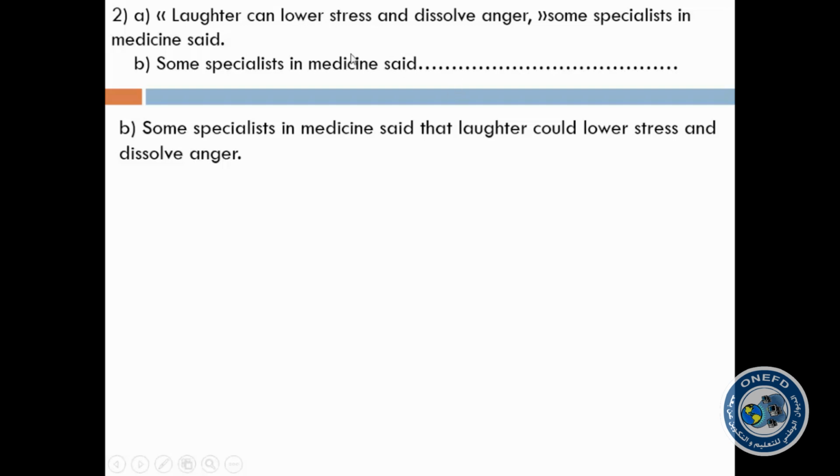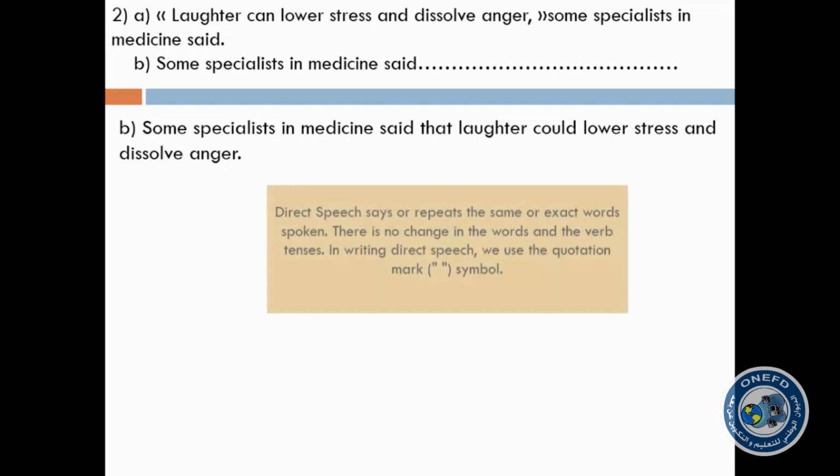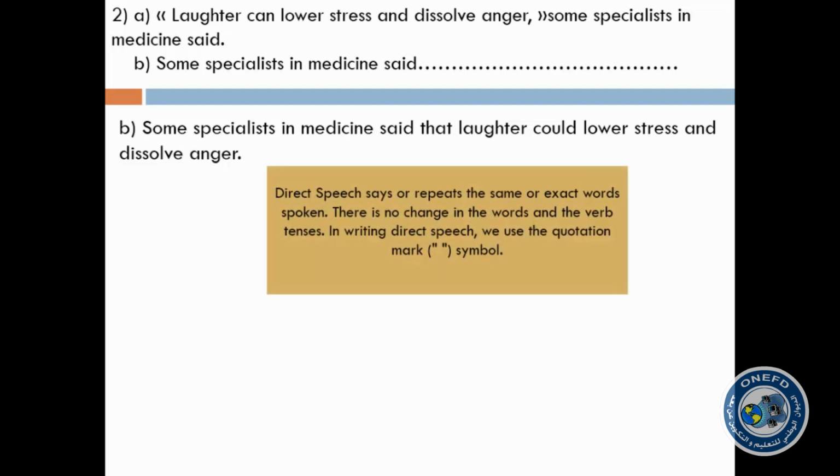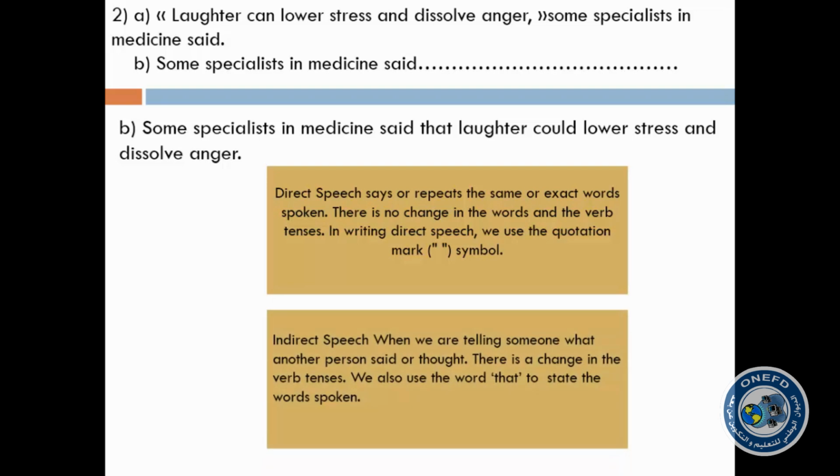So I repeat, since the introductory verb is in the past simple, we would turn the sentence from the present simple to the past simple, and the past form of can is could. Okay, so let's do a little recapitulation of direct speech and indirect speech.